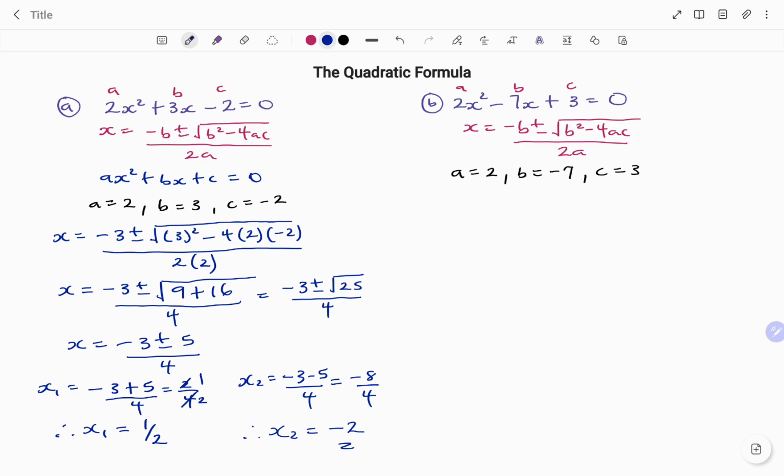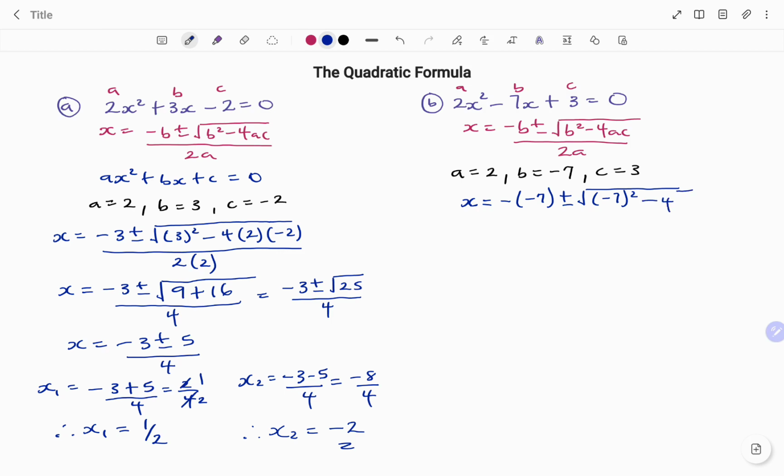Going back to the quadratic formula, I have x equals minus b, that's minus, and because it's a minus 7, I'm going to put that in a bracket, plus or minus the square root of b squared, that's minus 7 all squared, minus 4.